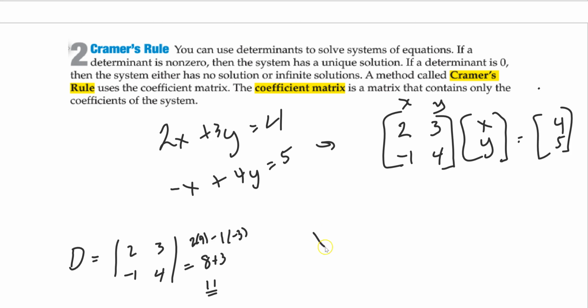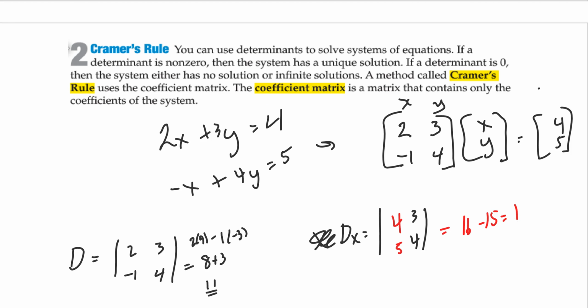So for our x value, that's called the determinant of x. What we're going to do is switch the x column with the answer column. So it's been like this, 3 and 4. Then I'm going to switch the x column with the answer column. So instead of having x, I'm going to have 4 and 5. You can take the determinant of this, 16 minus 15, so 1.